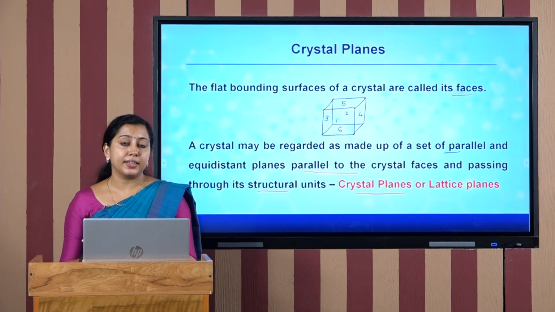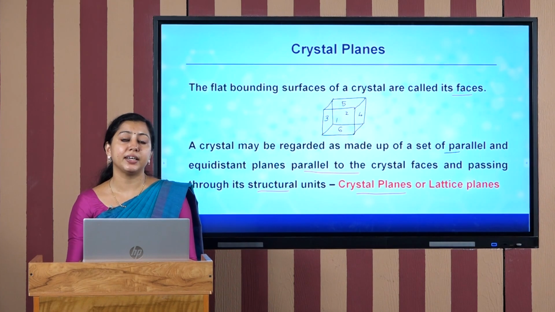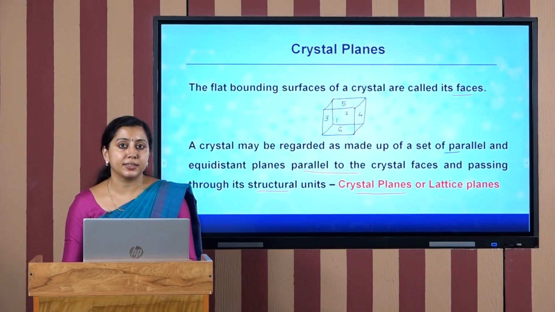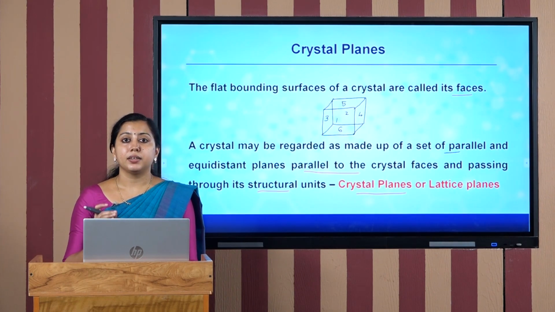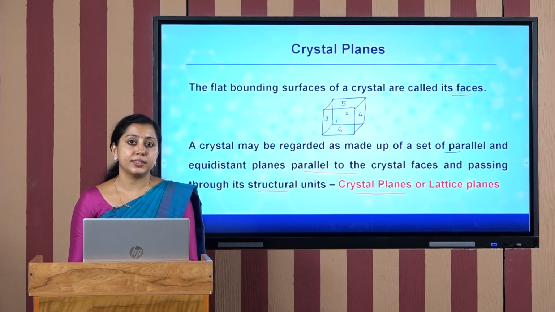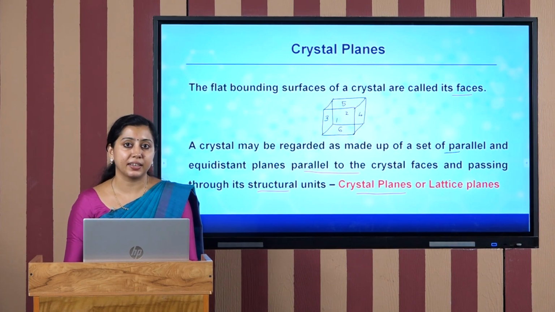The term lattice is a mathematical concept which denotes a periodic array of points, arranged in a particular geometrical pattern. That array is called a lattice. We will discuss more about lattice points and lattice planes in later classes.